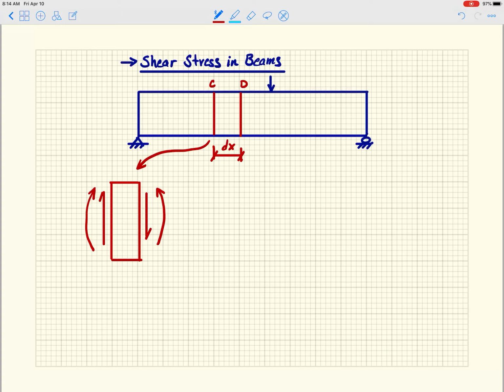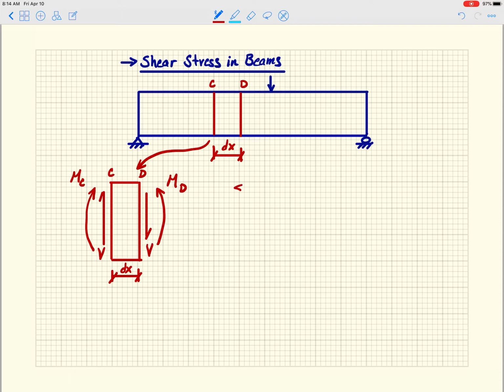I will call this the moment at cross-section C, and this cross-section D is the moment at cross-section D. This is dx. And then I have a shear, and notice that the shears are the same. You can see that from the beam I've drawn there: the shear in that region is constant.